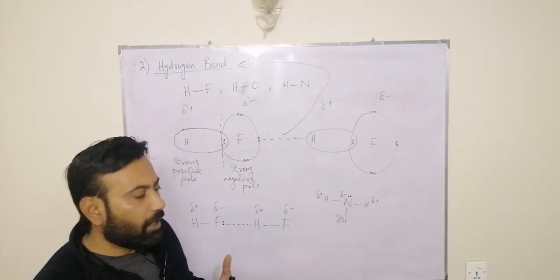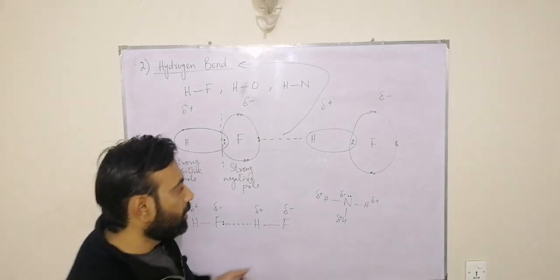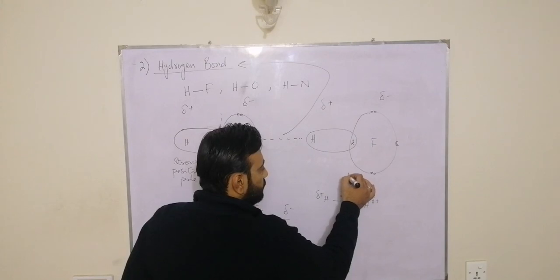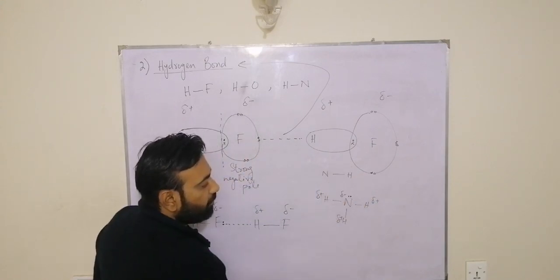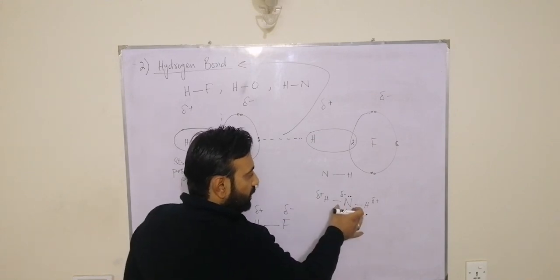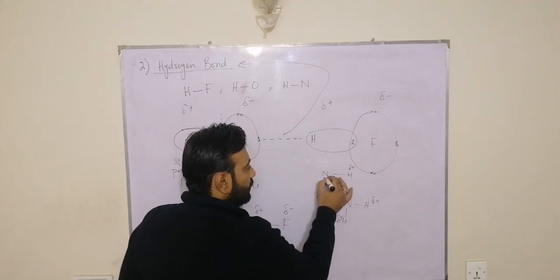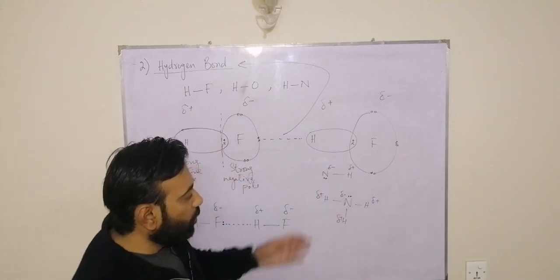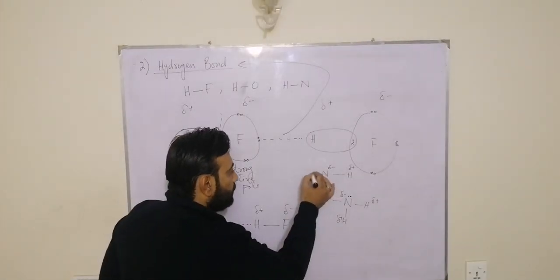Now if another ammonia molecule is closer to this, the positive pole of that ammonia will arrange itself right in front of the negative pole of this ammonia, and the negative pole of this ammonia will arrange itself in front of the positive pole of the other ammonia.